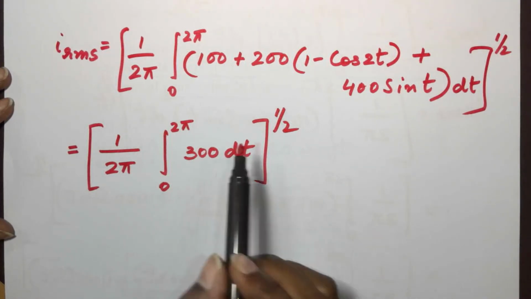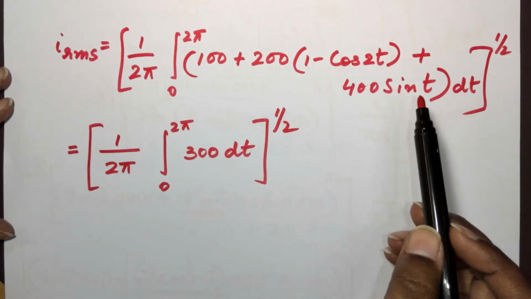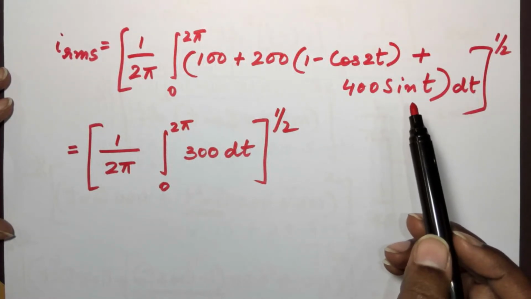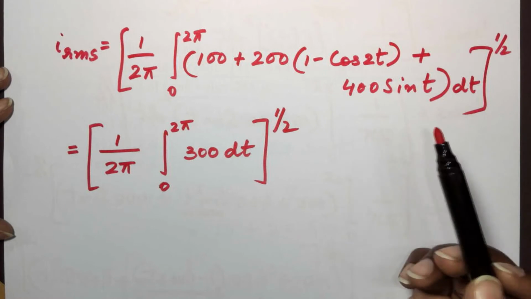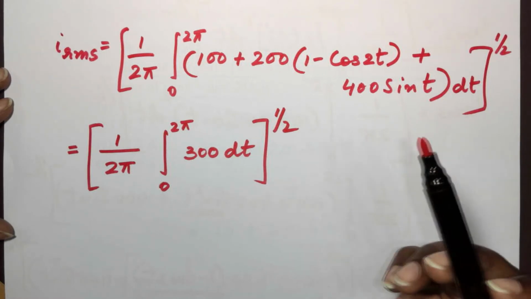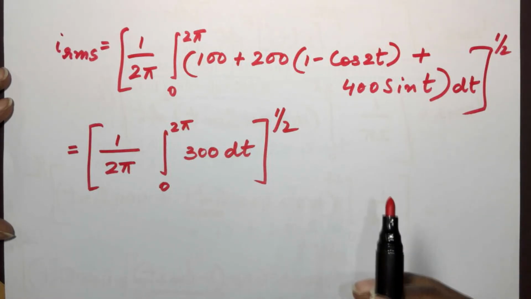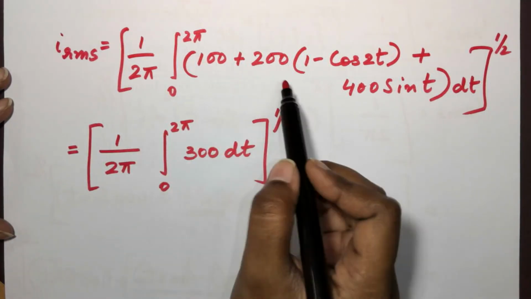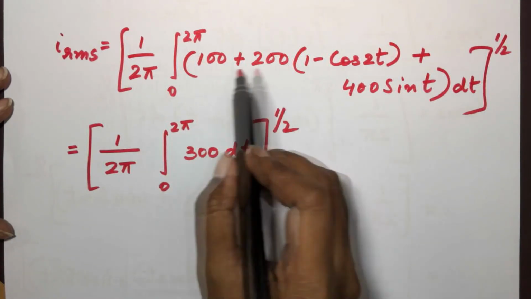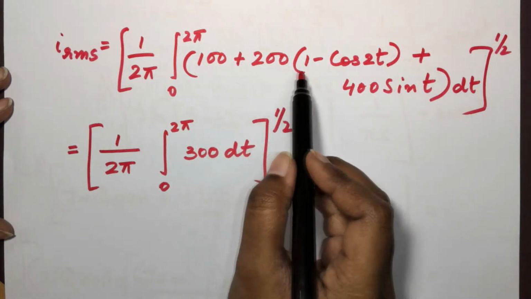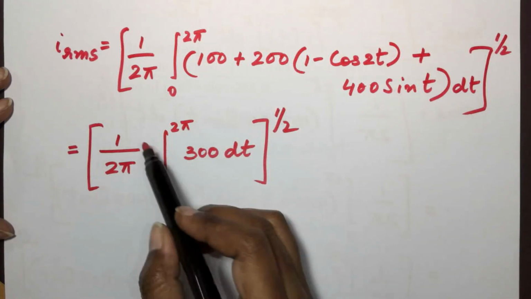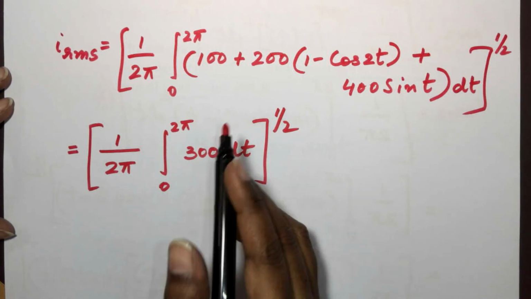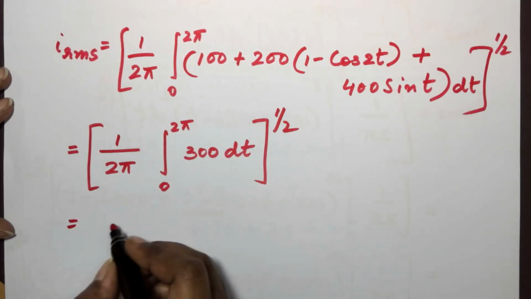Now the reason we have done this is because cos and sine are trigonometric functions, and that would lead to the reduction of the value by a small percentage. Because we are looking for the peak value, the RMS value requires the constants alone. So we consider only the constants, 100 plus 200 here, which is 300. So 1 by 2 pi, integral of 0 to 2 pi, 300 dt to the power of 1 by 2.